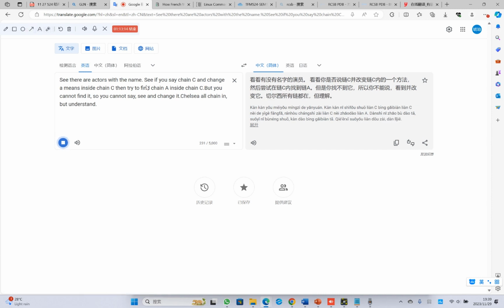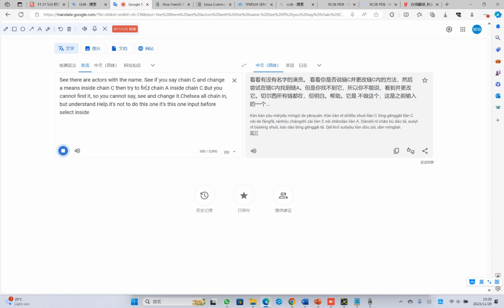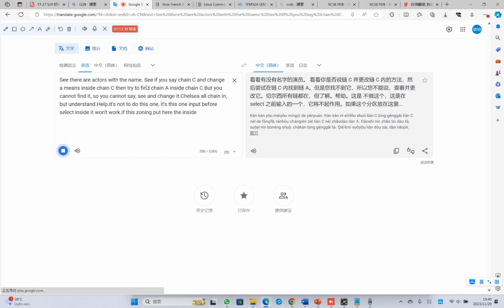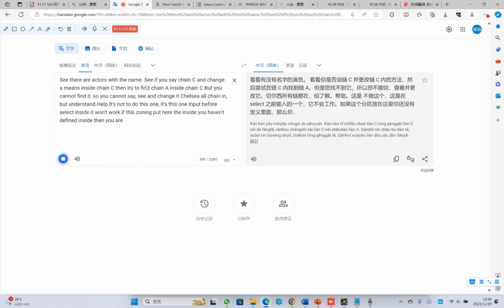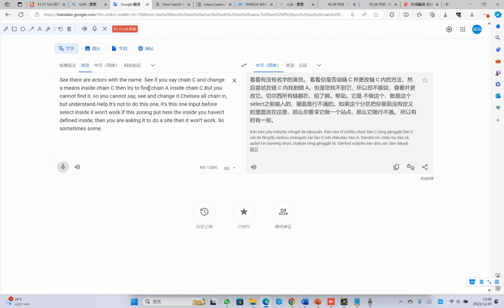So the order matters. If you put zoom before you define A side, then you are asking it to zoom A side when you haven't defined it, so it won't work. So sometimes you have to follow the sequence. Once you define A side, then you can use A side, A side, A side.